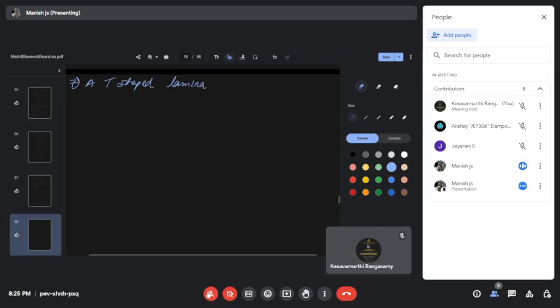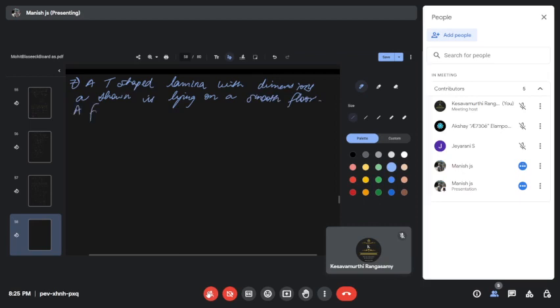So a T-shaped lamina with dimensions as shown below is lying on a smooth floor.